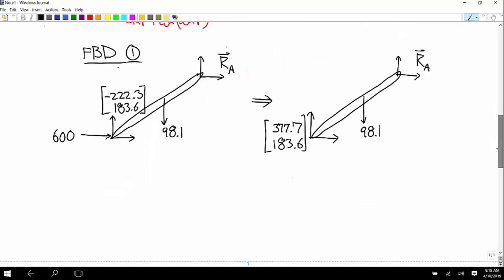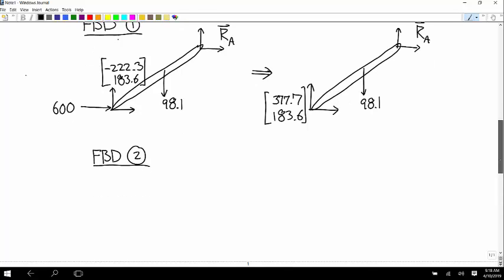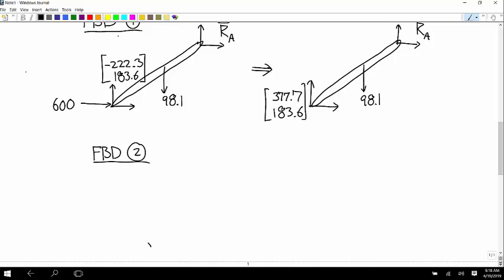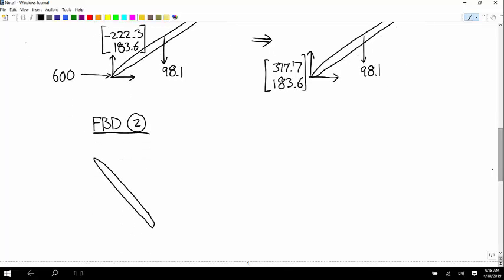Okay, what about the other body? Okay, so up here, the only force at B on body 2 is negative F12, F on 2 by 1.